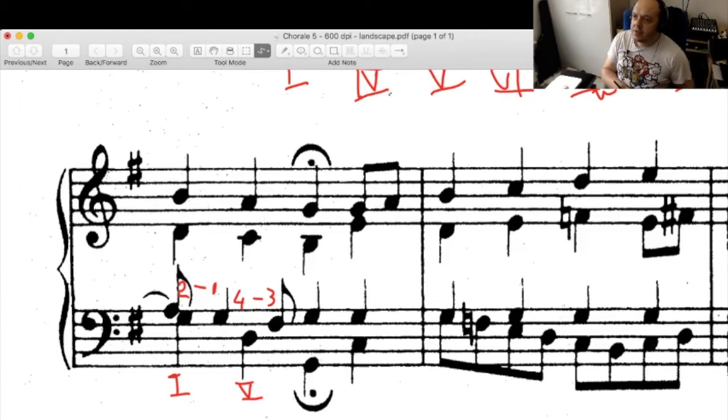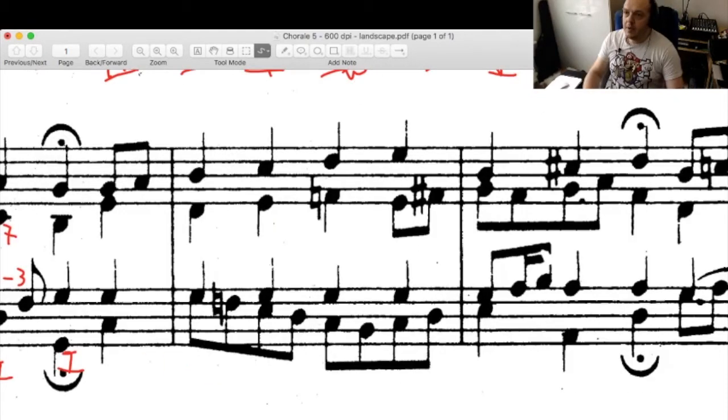So that's also 7. The 4th in the tenor resolves on the second quaver of that beat. It is now the leading note behaving as you expect. The 7th drops by step and chord 1.